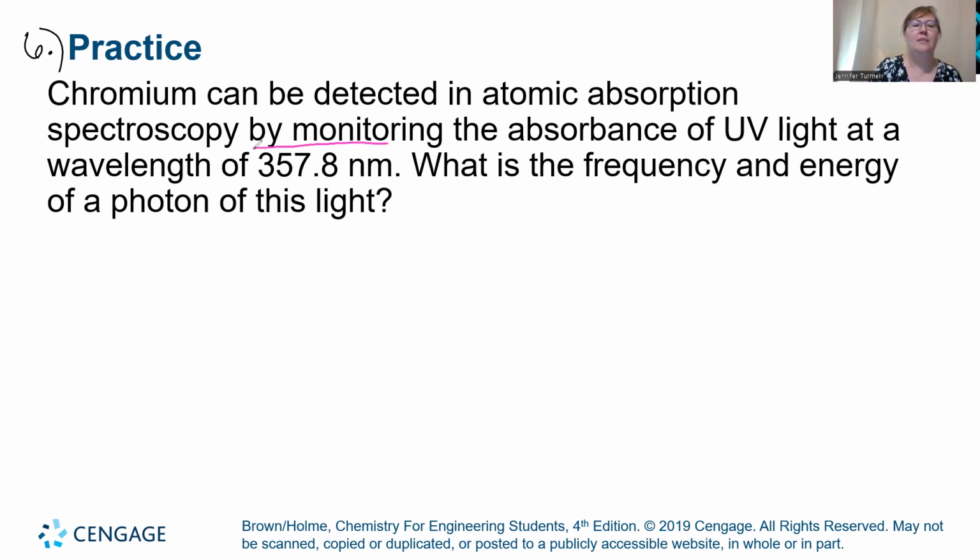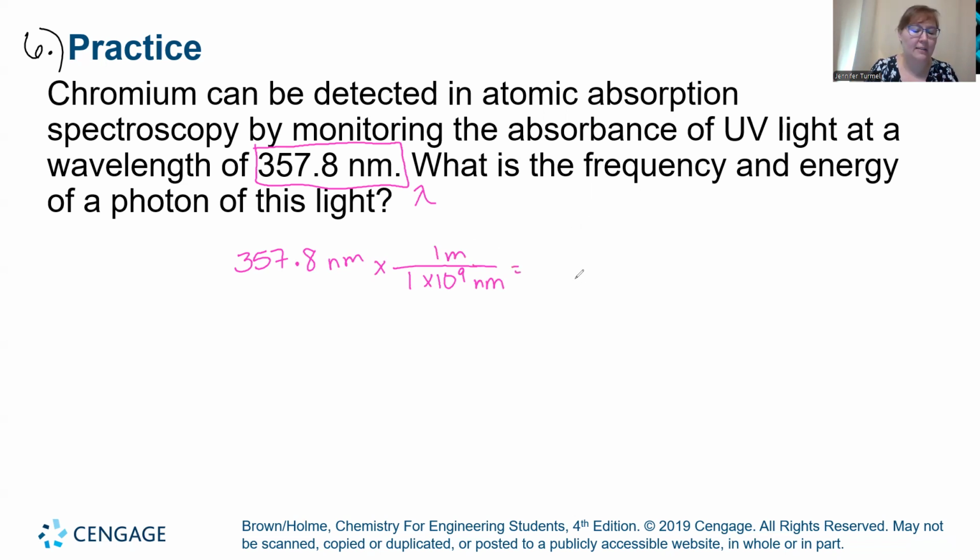This is really the only thing that matters here, and this is our lambda. Step 1 is always going to be to convert this. We have 357.8 nanometers, and we have to convert this by dividing by 1 times 10 to the 9th.